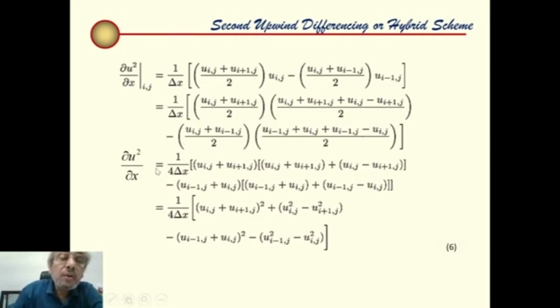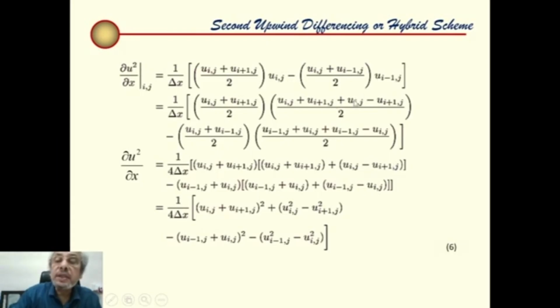So then all these 2's, 2 into 2, 4, will come out as 1 by 4 delta x, and within the bracket now we can write uij plus ui plus 1j, and this term we can regroup. One group is uij plus ui plus 1j, another group is uij minus ui plus 1j.